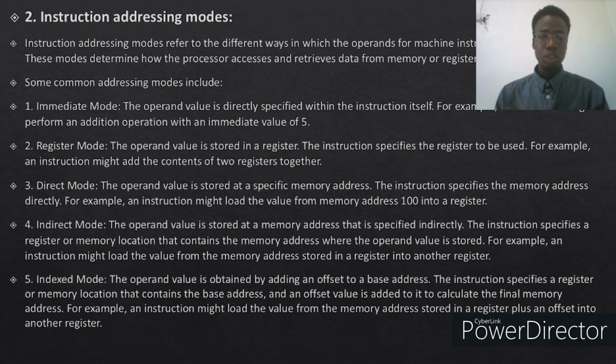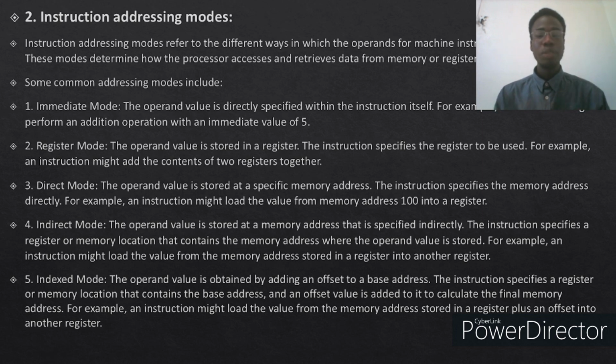For example, if we are to add two numbers, 1 and 2, mathematically we write it as 1 plus 2, and in this case our operator becomes the addition sign, and our operands become the numbers 1 and 2.